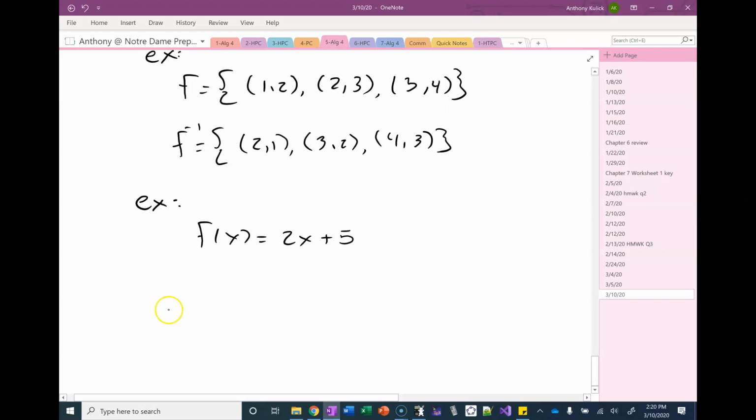Okay, well, let's define what we mean by an inverse then first.